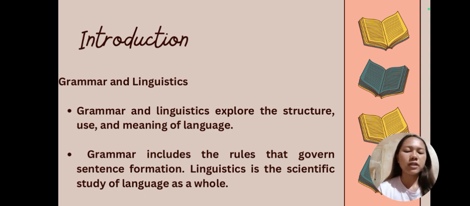It focuses on understanding how language works, how it is acquired and used, and how it varies across cultures and time. So basically, it studies every aspect of a language because it teaches us how a language is different from other languages, and also how a language changes over time.